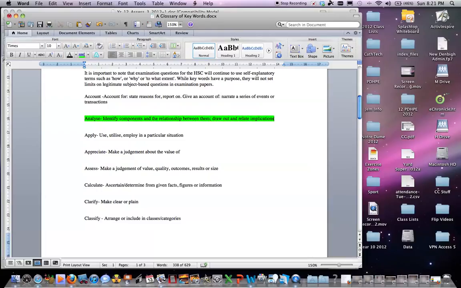It means that we need to identify the components and the relationship between them, draw out and relate the implications. So we need to look at how each of those heart rates affects the energy systems that are used, and how they interplay and interact with each other as a result of the information we're given there.